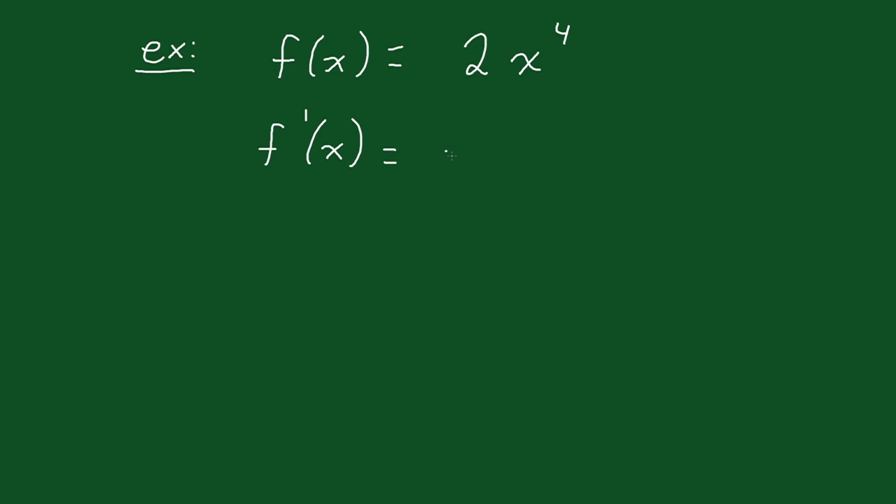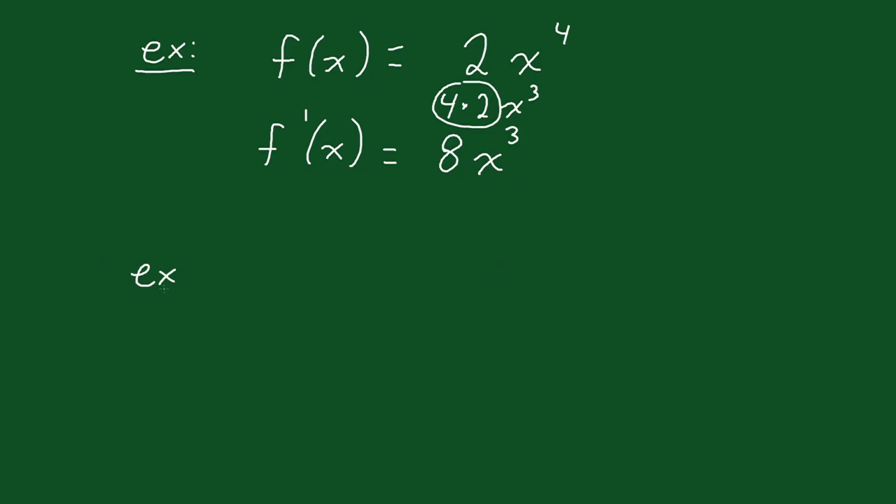So we're going to have 8 times x, and that 4 is going to reduce by 1 to become a 3. If you want to show an intermediate step where you bring down the 4 and it becomes 4 times 2 times x to the 3, you can do that and then multiply these together to get 8, but there's no harm in doing it directly.